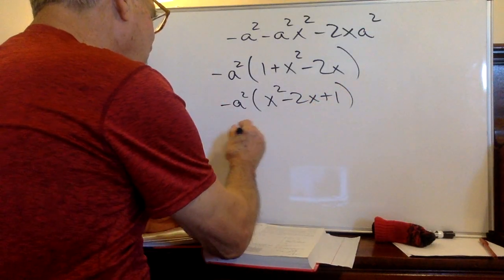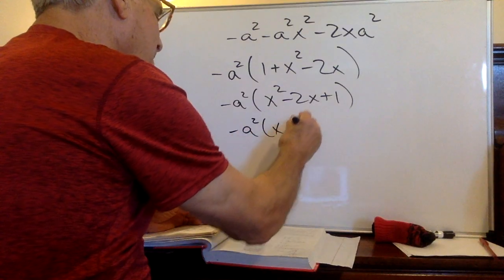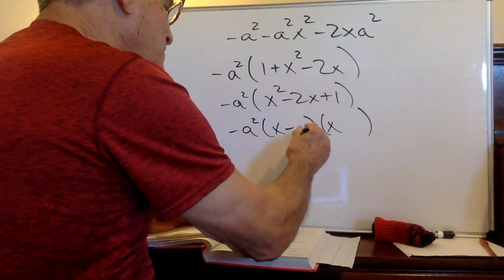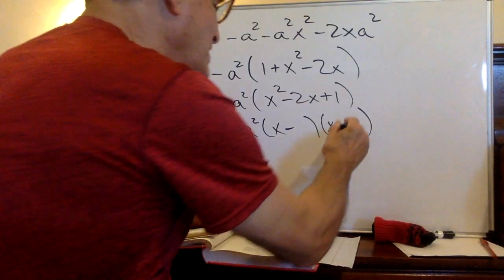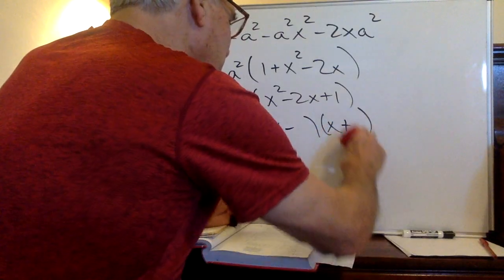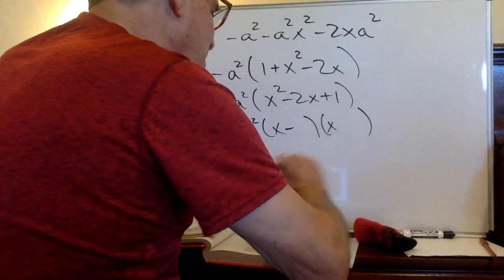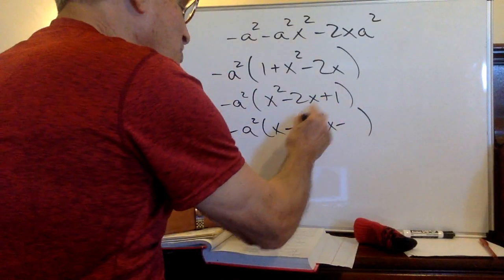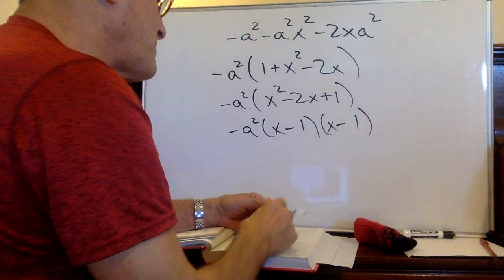At this point, I can now factor. Since the last term is positive, they're both negative, and there's only one way to factor 1, 1 and 1.